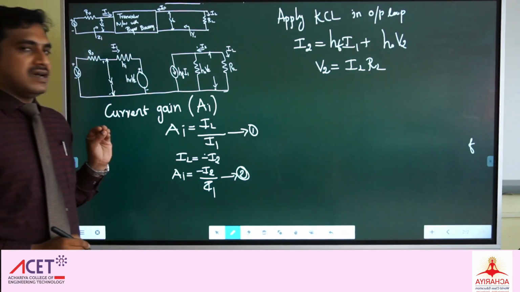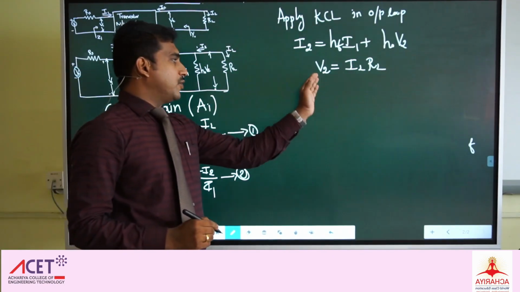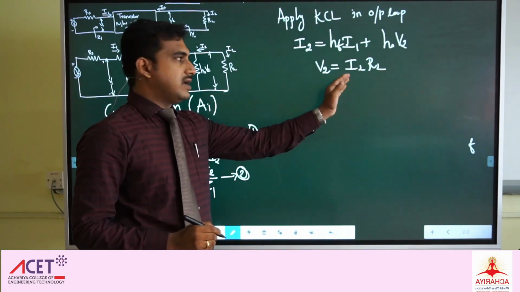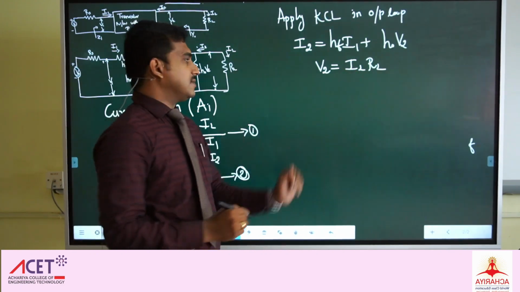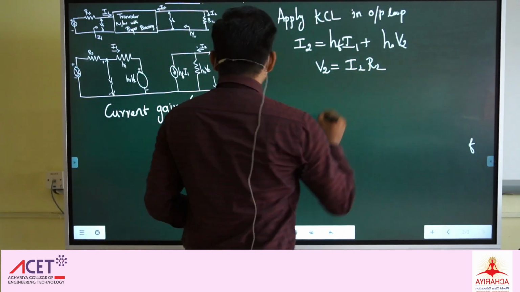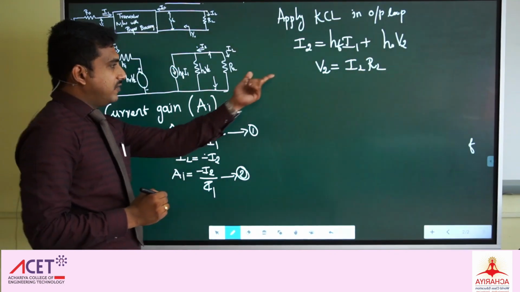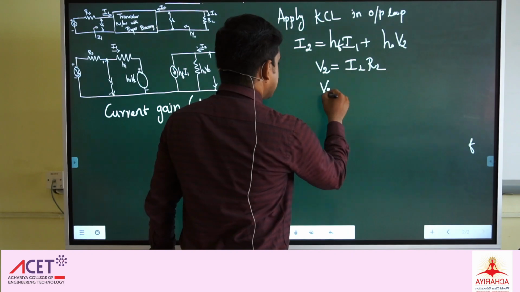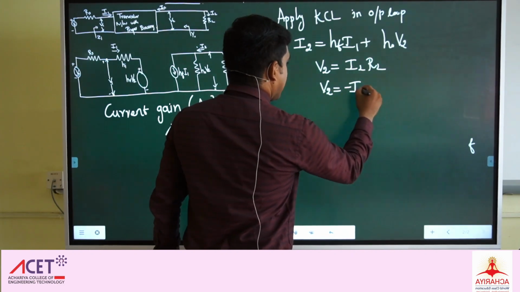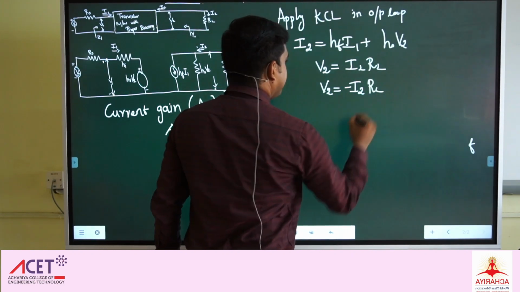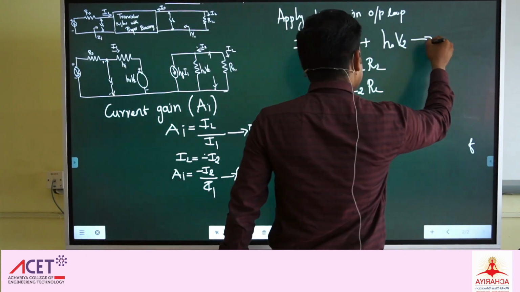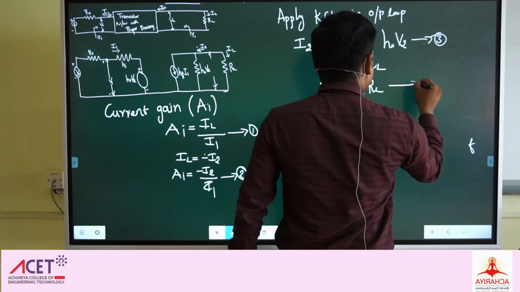By using Ohm's law, output voltage V2 is equal to output current into output side resistance. Now we can replace IL. We know that IL is equal to minus I2. So we can rewrite: V2 is equal to minus I2 into RL. Consider the first equation as equation number 3 and this equation as equation number 4.